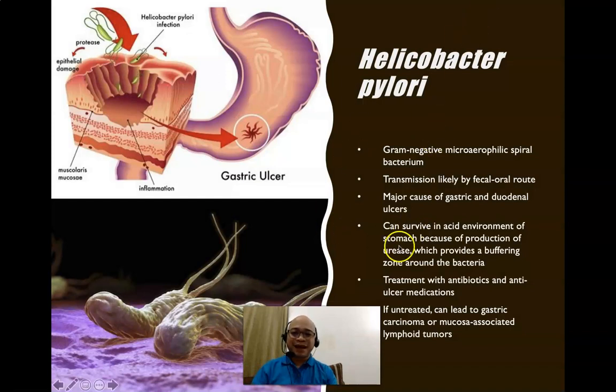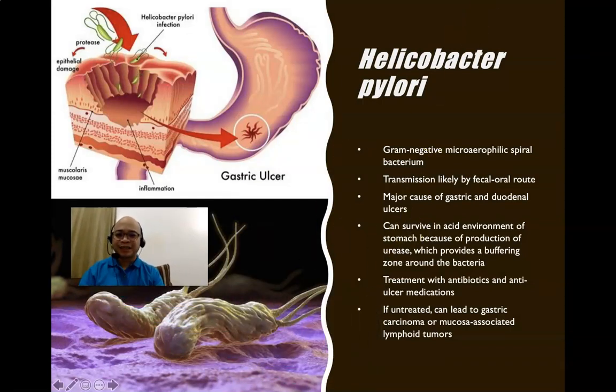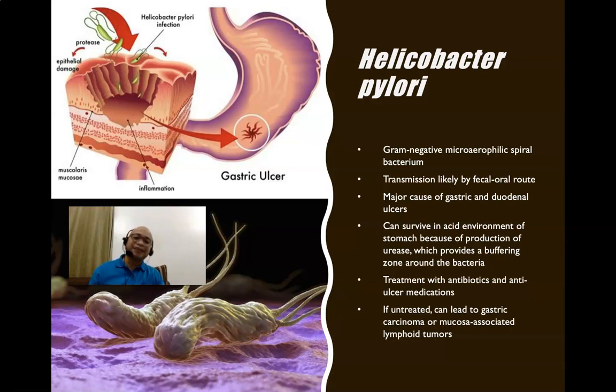Okay, next up we have the Helicobacter pylori. So it's another example of gram-negative microaerophilic spiral bacterium, and it is transmitted by fecal oral route. It is the major cause of gastric duodenal ulcer, the type B gastritis as they call it.